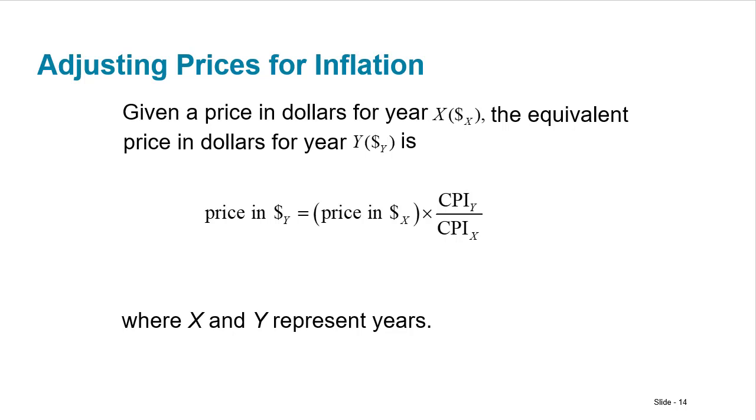So if you want to know how much something costs in 2000 dollars based on what it cost back in 1970, you would take the price of 1970, and multiply it by the 2000 CPI divided by the 1970 CPI, because that's going to tell you basically what percentage everything's gone up. So you're basically multiplying this by this inflation rate, and that'll give you the new dollar amount for the new year.